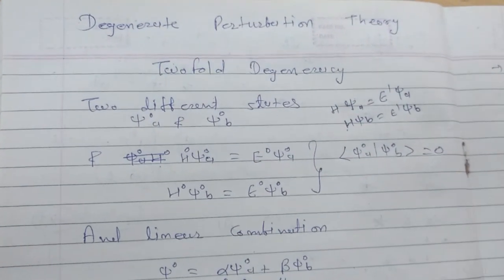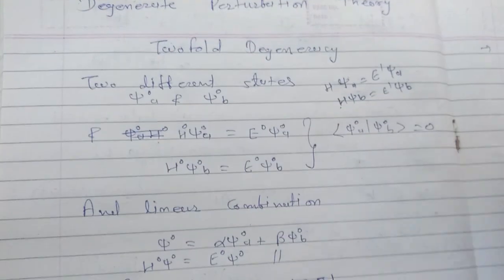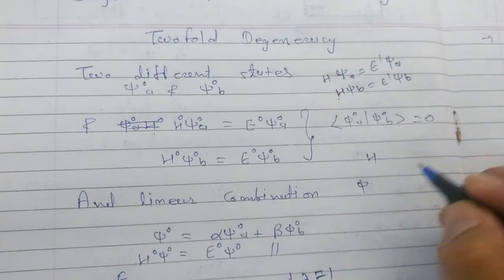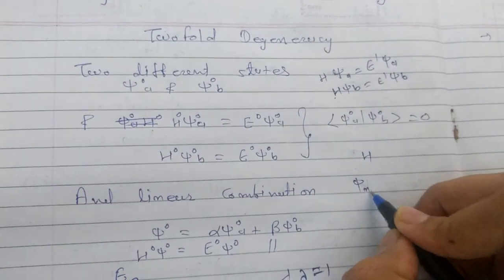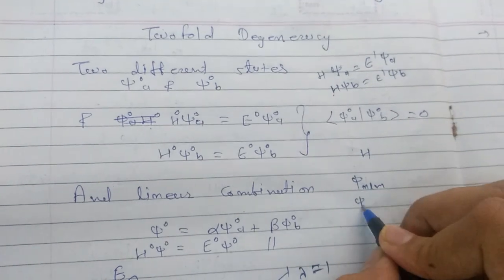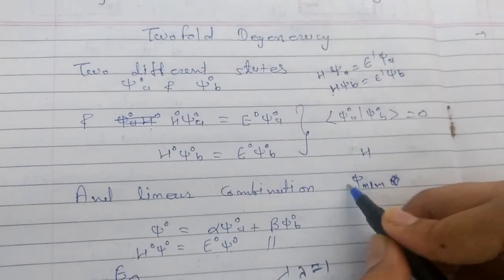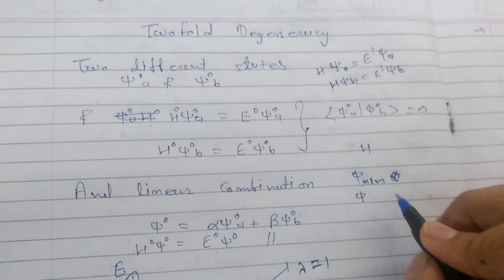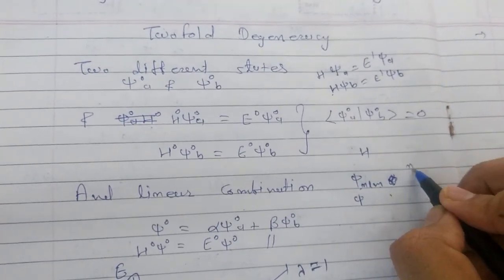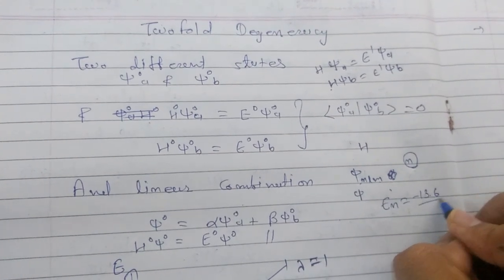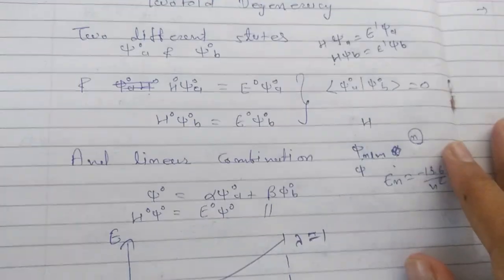The example we can say is the hydrogen atom. We know that the hydrogen atom wave function can be written as psi NLM, and the energy of this psi NLM depends only on the main quantum number n, like energy E_n is equal to minus 13.6 by n square electron volt.